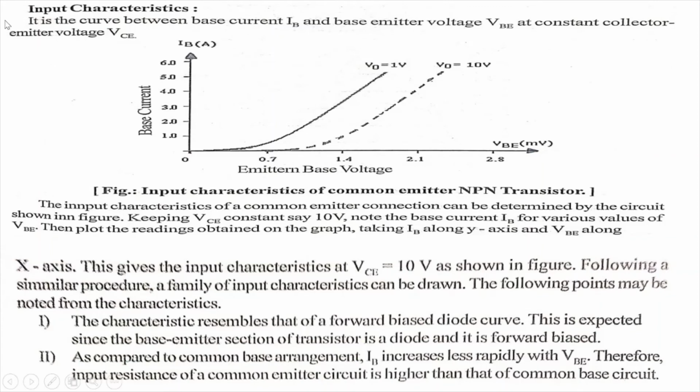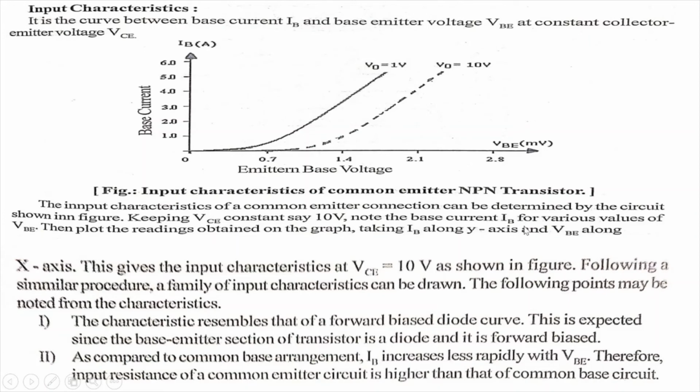Now, input characteristic. It is the curve between base current IB, that is the base current IB along y-axis, and base emitter voltage VBE along x-axis, at constant collector emitter voltage VCE. Now, the input characteristic of common emitter connection can be determined by the circuit shown in figure, keeping VCE constant, say 10 volt.